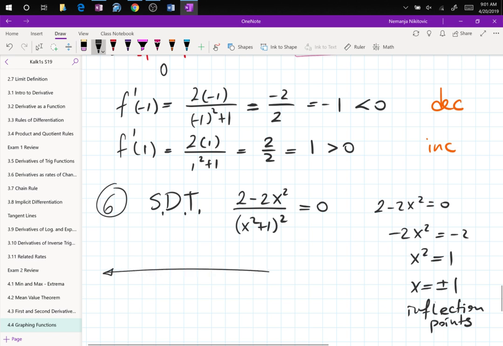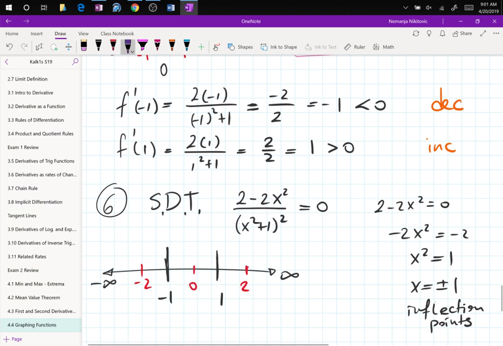So we have our number line for the entire domain. We have two partition values, -1 and 1. No vertical asymptote, so we only partition on critical numbers. Pick test points in each one of the regions, -2, 0, and 2.